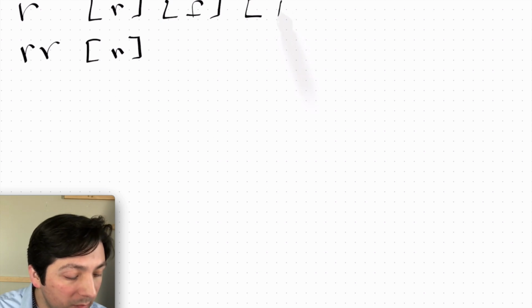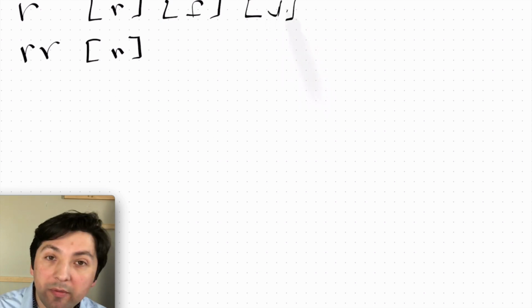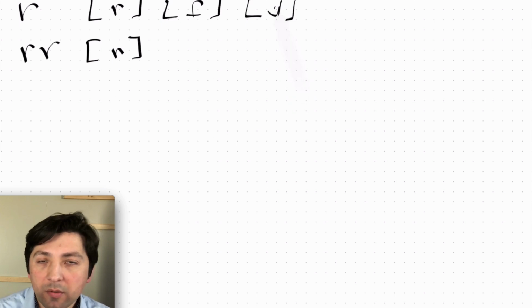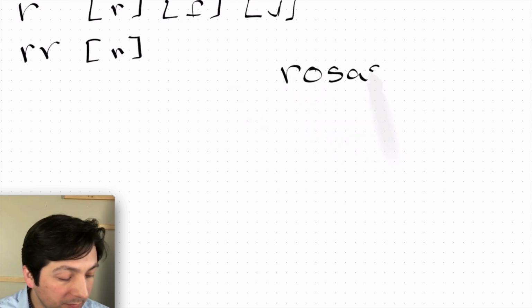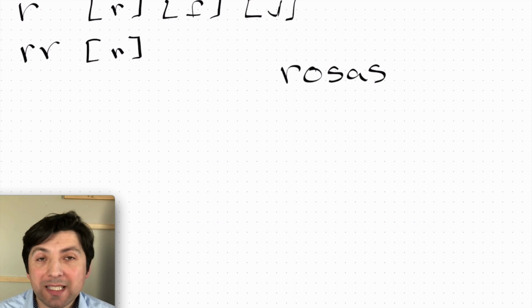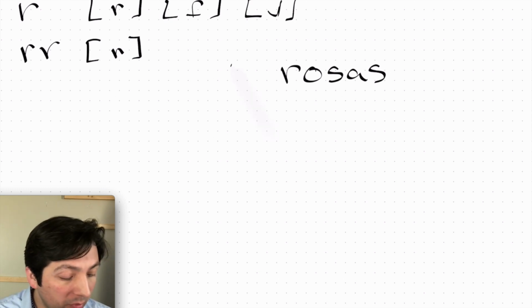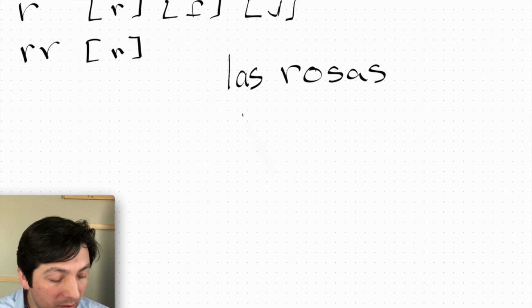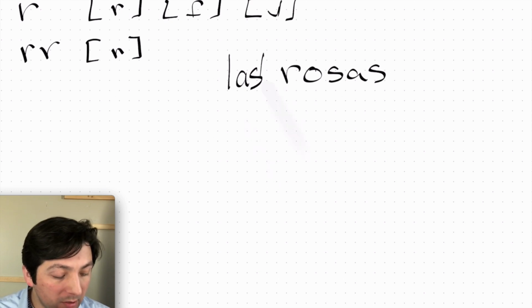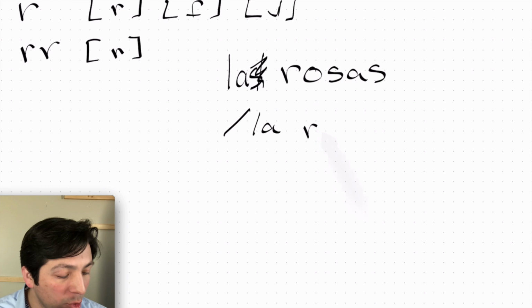It will be physically impossible to produce a trill, therefore we will have this other sound, which is a retroflex sound. So a word, for example, like this one, this would be rosas, roses. If we were to say las rosas, notice I have to pause. If I do not, one of two things is going to happen. One, I just drop the S, so we ignore the S, and we will end up saying the following. Las rosas.